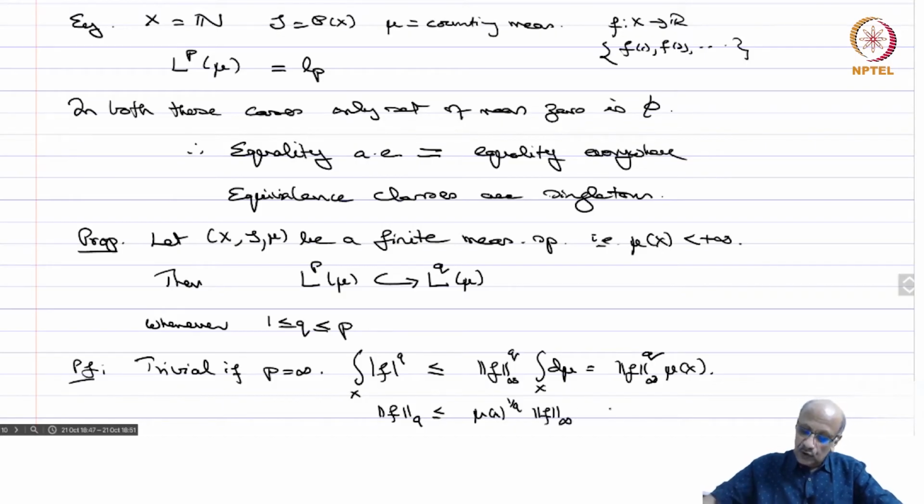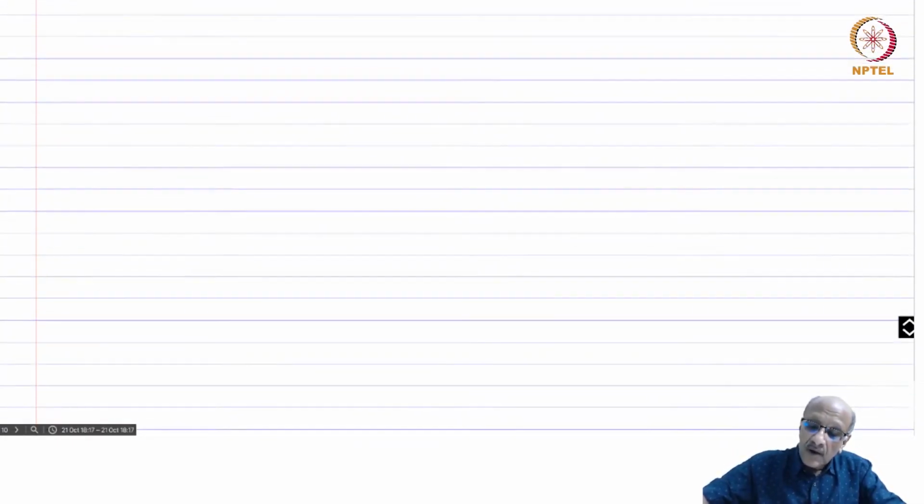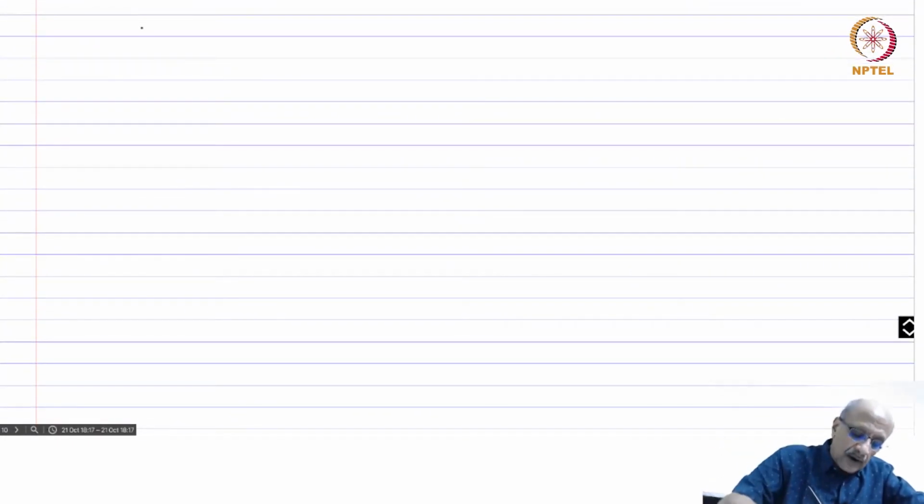This shows that the inclusion map is a continuous linear operator, and of course that L infinity is contained in every Lq.